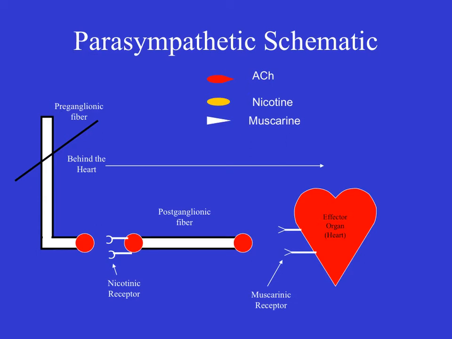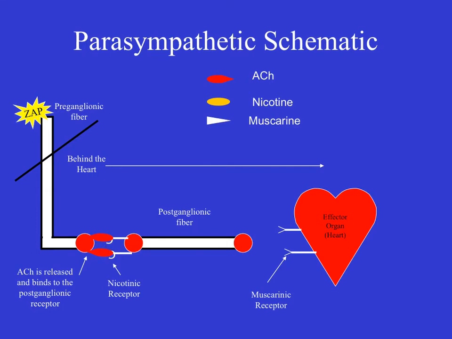Okay, so let's look at this and find out what would happen if we just push the button. So we're going to put a little button in over here, a little zap over here, and then follow through what's going to happen. So we zap this right here. That would trigger an action potential. That action potential would travel down to the terminal of the preganglionic neuron. Out of the preganglionic neuron, we would expect acetylcholine to come out.